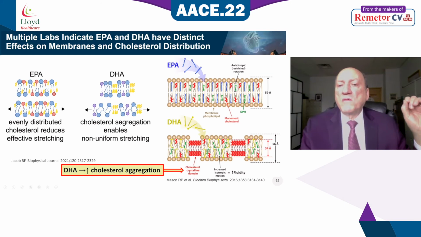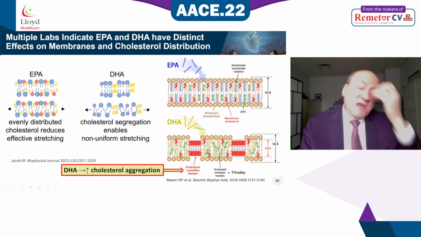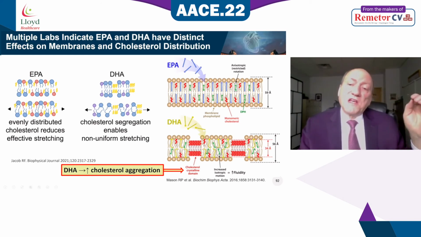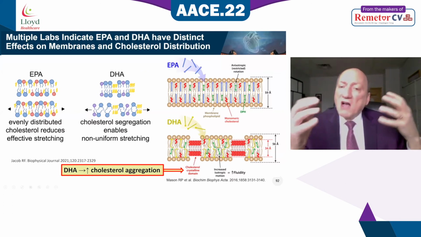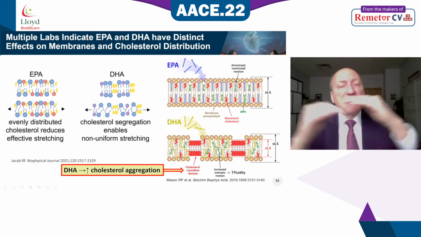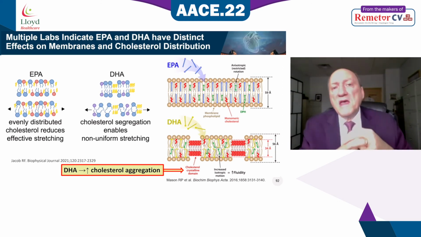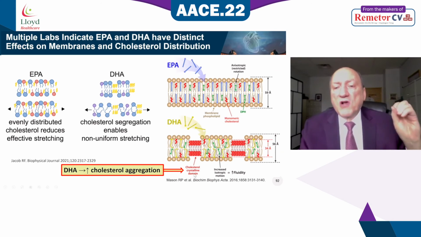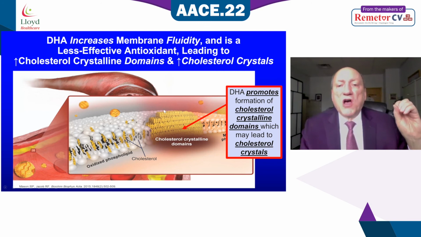So is that a problem? Well, it's a problem because, first of all, there tend to be pro-oxidative factors down here. And as you get oxidation, which can pass easily through the cell membrane in the presence of DHA, then you drive the cholesterol aggregation. Well, so what? The cholesterol aggregation causes the formation of a large cholesterol crystalline domain.